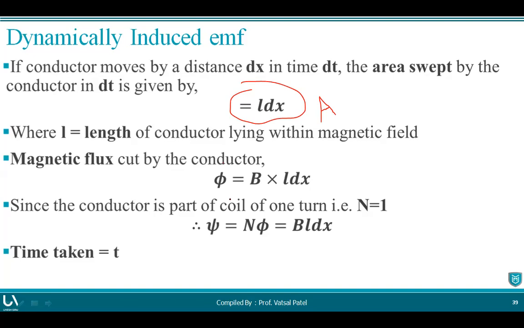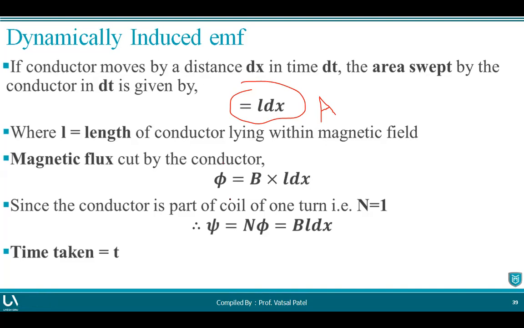The flux linkage equation is psi equal to N into phi, the number of turns and the flux produced by that number of turns, the product of N and phi. So it is equal to B L dx, and the time taken is a total time t. So what is our equation of induced EMF? E is equal to d psi by dt.